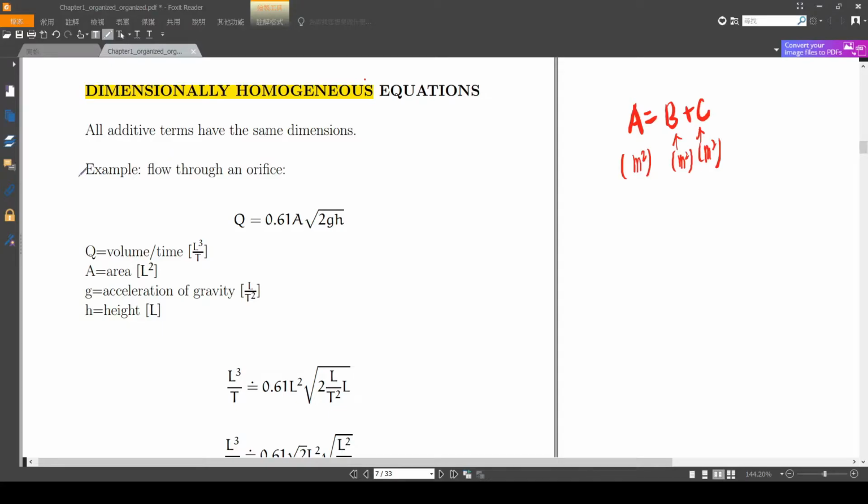Okay, so we give you an example. It is the flow through the orifice. This is actually a commonly used equation for determining the volume rate of the flow, and it works like this.